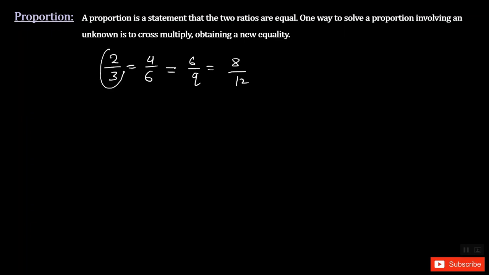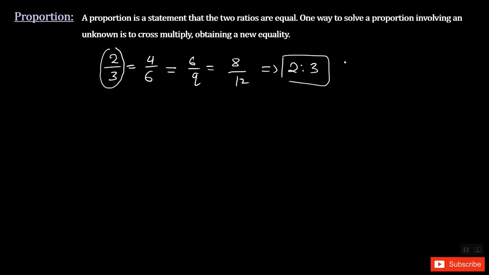These equivalent ratios are called proportions, because we get 4:6 by multiplying the same ratio by some integer. If you simplify 4:6 or 6:9 or 8:12, your initial ratio is fixed, that is 2:3 only. But we can represent these ratios in different ways. That is how we say a proportion is a statement that two ratios are equal.